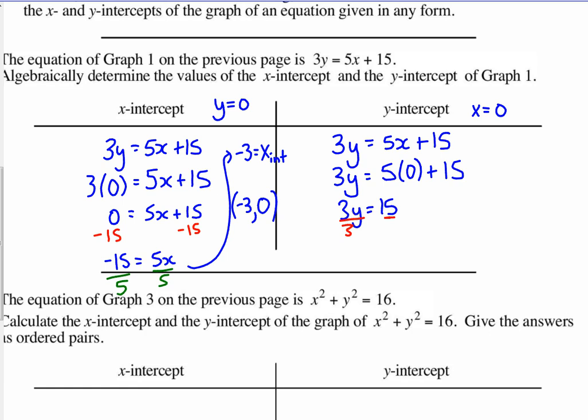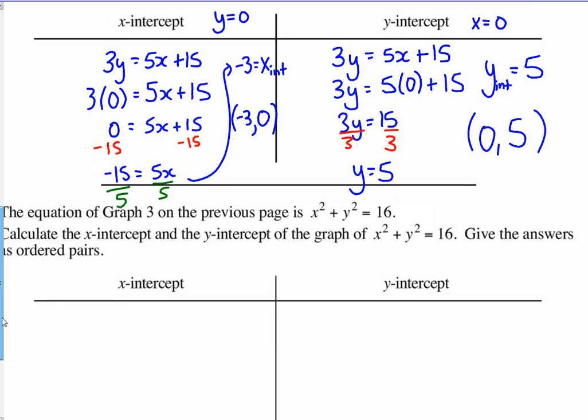Divide by 3, and y is 5. So y-intercept equals 5, or how else can we write that? 0, 5.